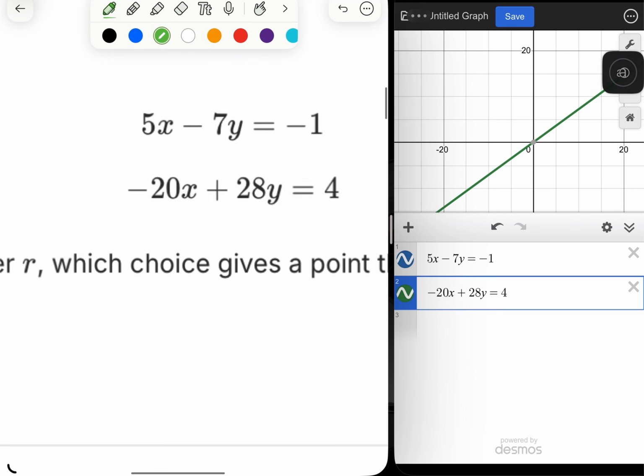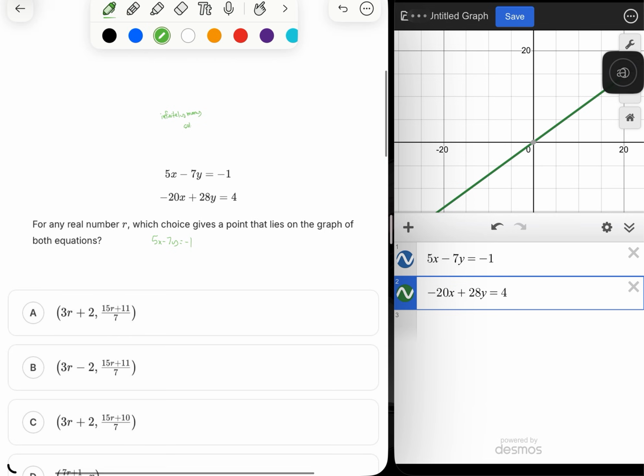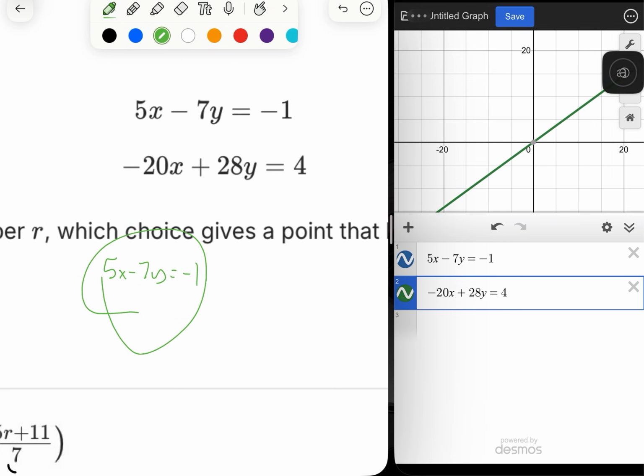So we're looking for a point that lies on the linear equation here. And the second thing is, if you're looking for a point that lies on that line, that point should trace that line throughout its path. This is what I like to call the follow the point method.